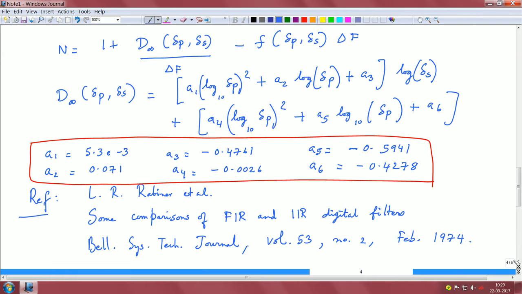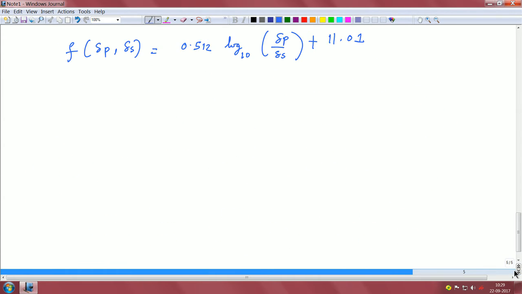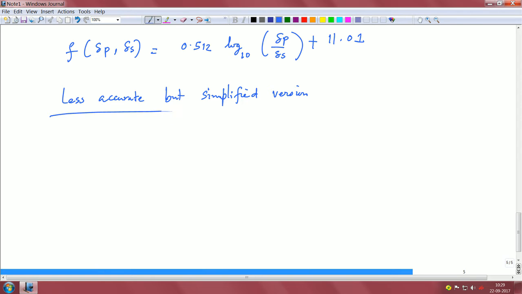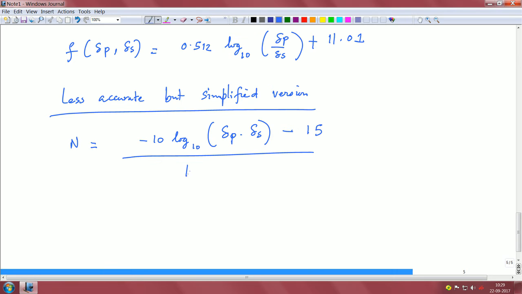This is an empirical formula, and there are some simplifications which are less accurate. I would mention this as a less accurate but simplified version, and that formula is n equal to minus 10 log to base 10 delta p times delta s minus 15 by 14 delta f, plus 1.